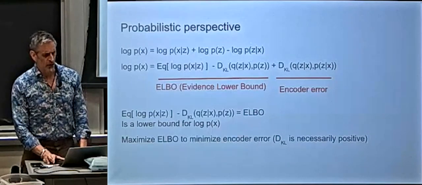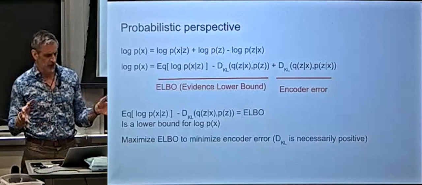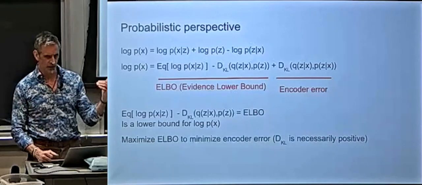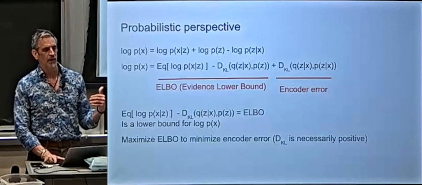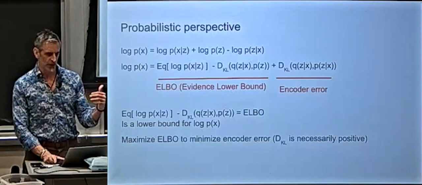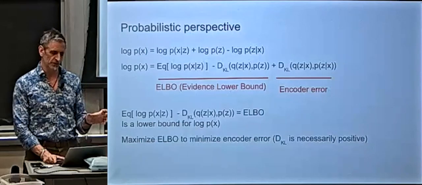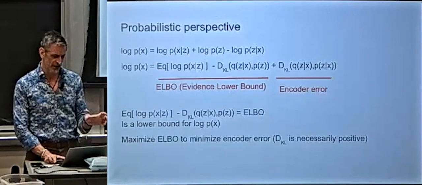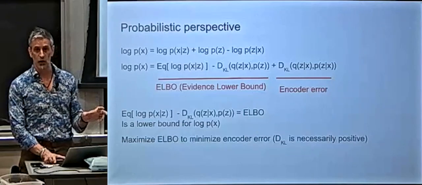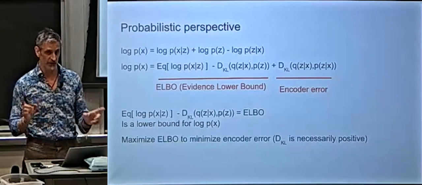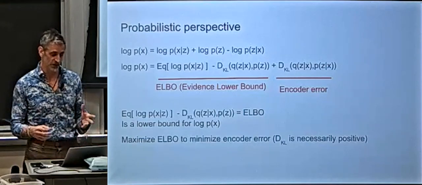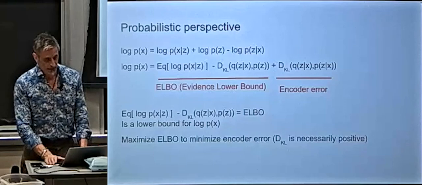Okay, and so if we write this out, then we can take our Bayes law on the top, do this averaging, and then we get three terms. The first two terms I'm going to call the ELBO, the evidence lower bound, and the last term is our encoder error. The last term is the divergence between our prediction of what probability of z given x should be and what it actually is.